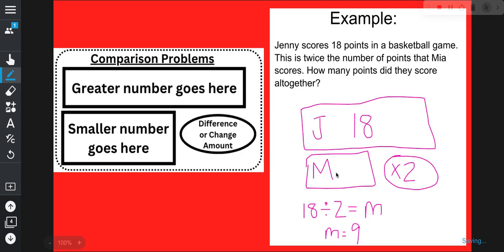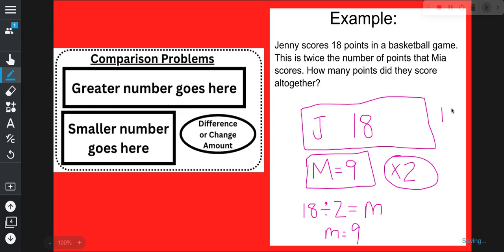Now, this would be great if the question asked how many points did Mia score? Because we needed to find that information out in order to answer the true question here. The true question here says, how many points did they score all together? So make sure when you're solving a problem, you really are understanding what the different amounts mean as you solve them.